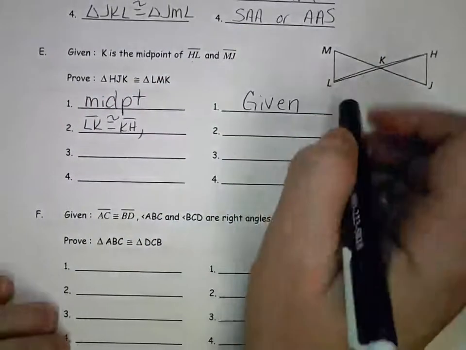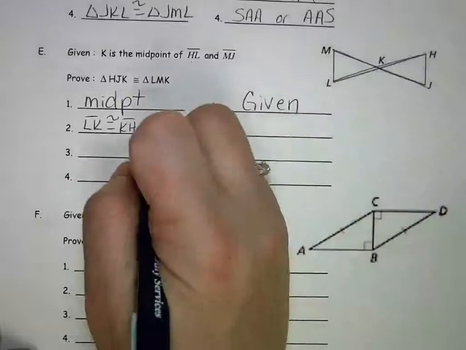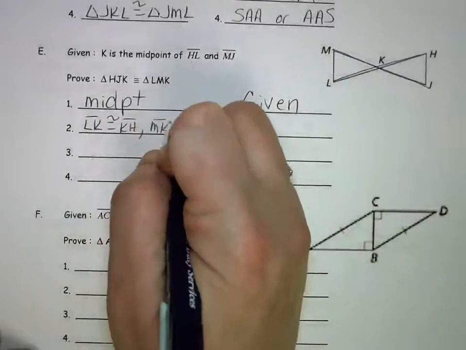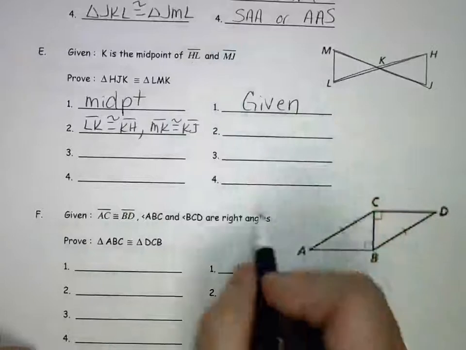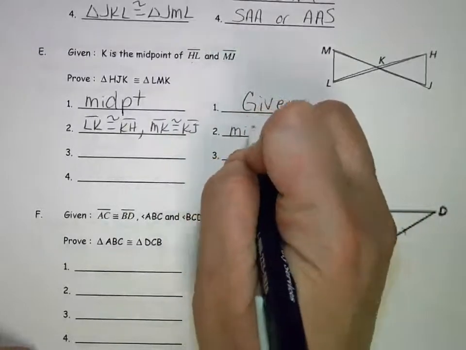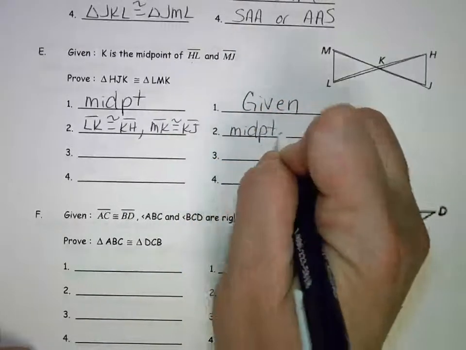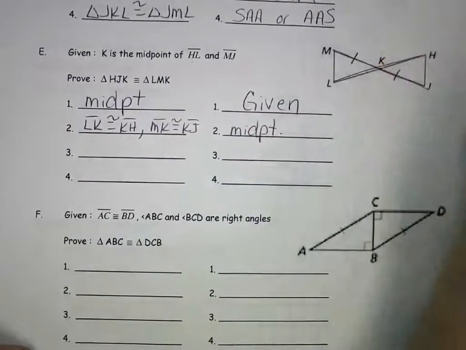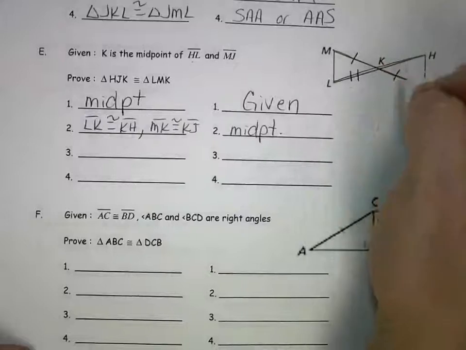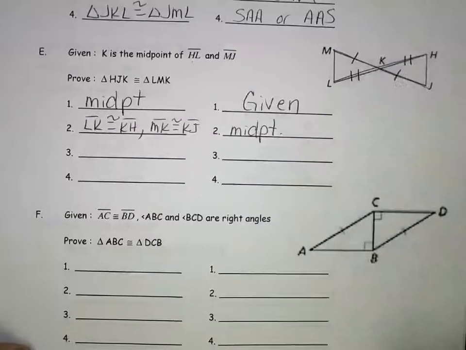And K is the midpoint of MJ. So MK is congruent to KJ. That is by the definition of midpoint. And we probably should mark up our picture. Those two are congruent. These two are congruent.